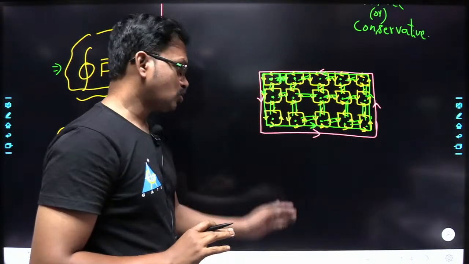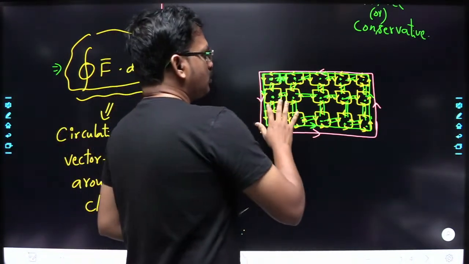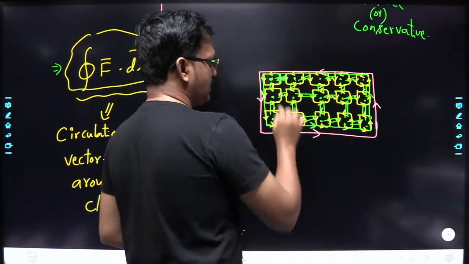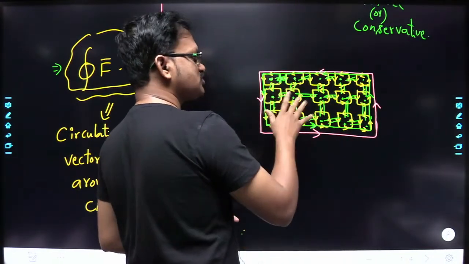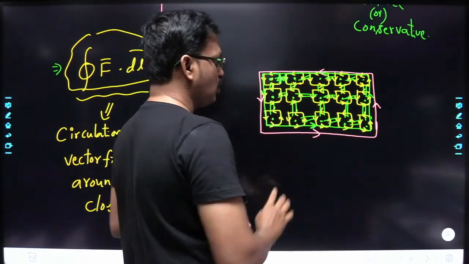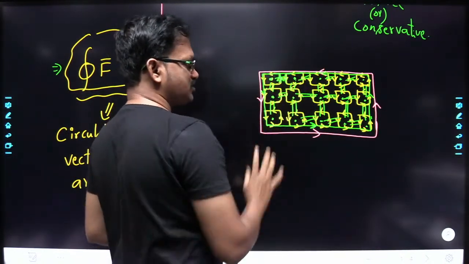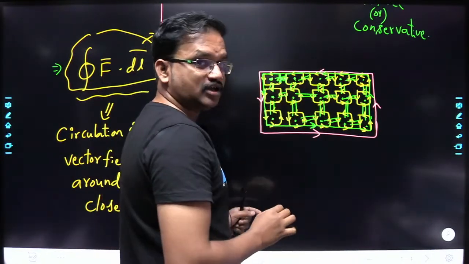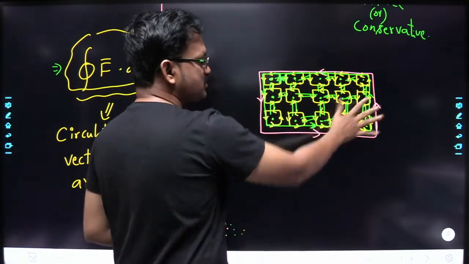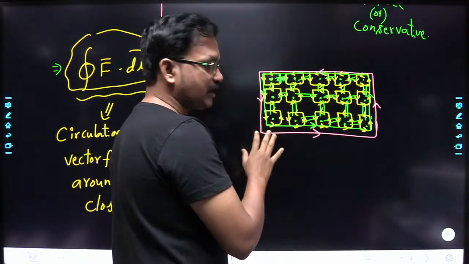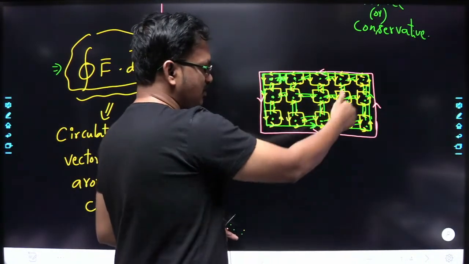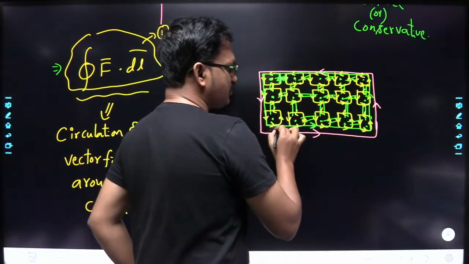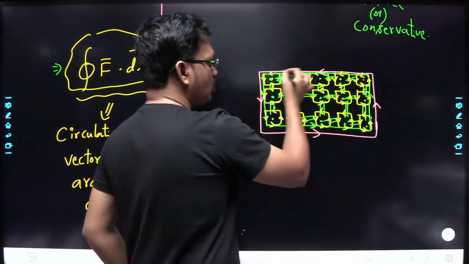Yes or no? So what we have done here, we have considered the source distribution as many point sources, and each and every point source is producing some circulating field, yes or no? So now if you add up the circulations at each and every point throughout this surface, internally everywhere the circulations will get cancelled, and we are going to get the circulation of the field only on the outer loop, yes or no?